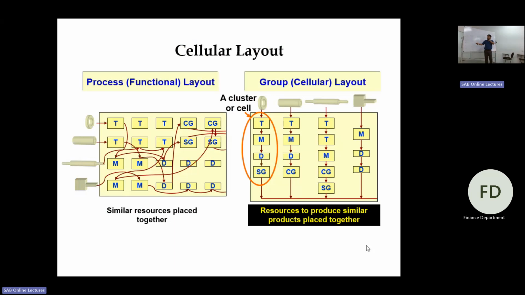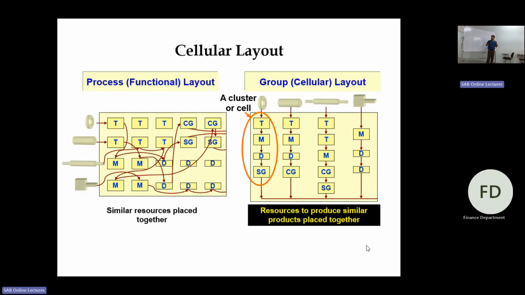Now what you see on this side is a traditional process-oriented layout. Can you understand it? Because resources are grouped by function, similar resources together. Clear?